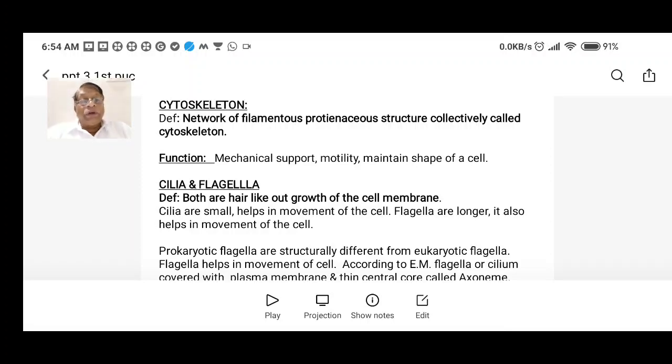Now we shall see the cilia and flagella. You refer the diagram. Okay, there is a diagram.